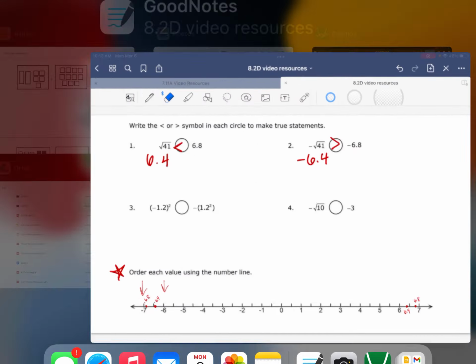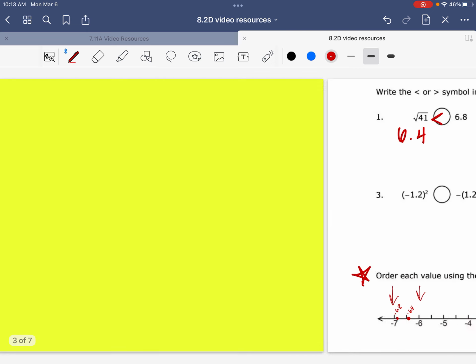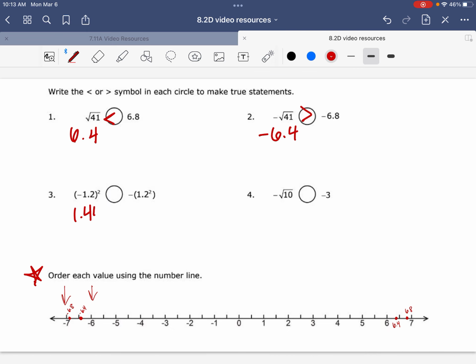So when I go back to annotate on my paper, when the negative was on the inside and the exponent was on the outside, we got a positive 1.44. When the negative was on the outside and the exponent was on the inside, we got a negative 1.44. So I can go graph those. 1.44 is almost 1.5.